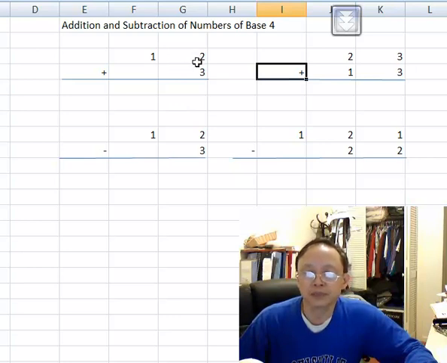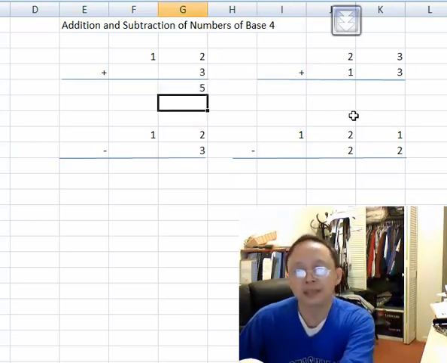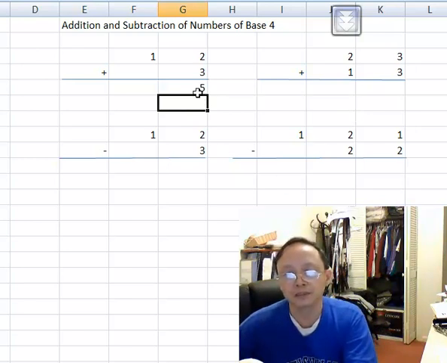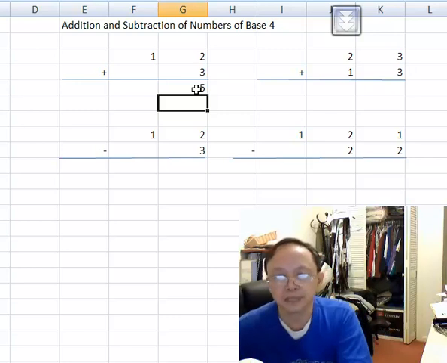So let's see the first example. 1, 2 base 4 plus 3. Now 3 plus 2 is 5. We're supposed to have 5. But in base 4 there is no 5. So 5 is 1, carry 1. 5 divided by 4, your quotient is 1, remainder is 1.